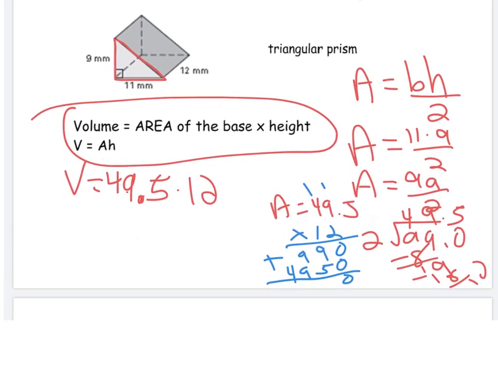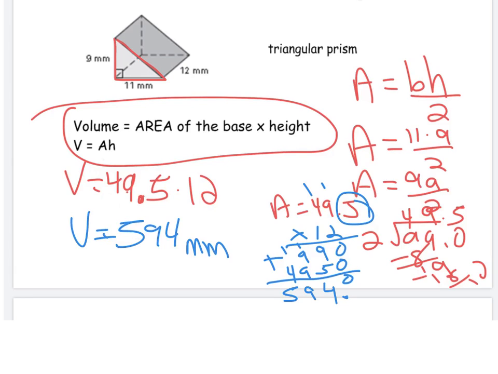I have 0, 9, and 5 make 14, carry the 1. 9 and 9 is 18 plus 1 is 19, carry the 1, and 5 is 4 plus 1. I need to move my decimal over 1 because I have one number after my decimal. So my volume is an even 594 units, and in this case our units are millimeters, to the third power, or cubed.